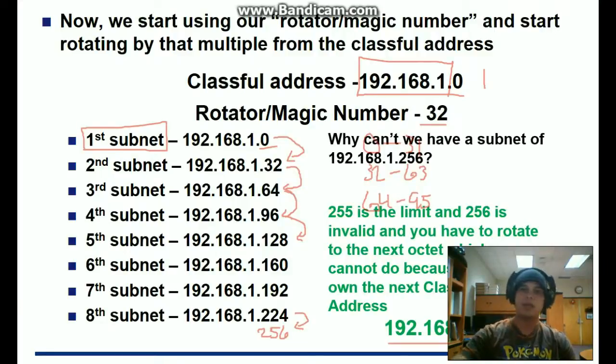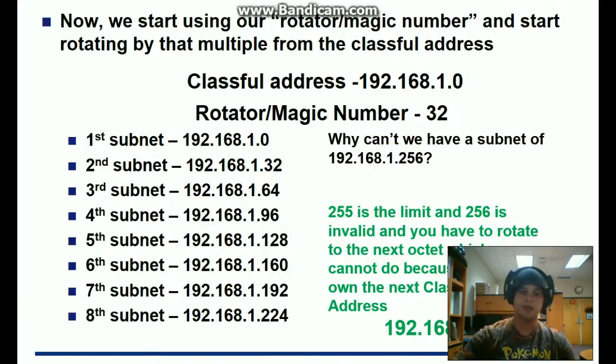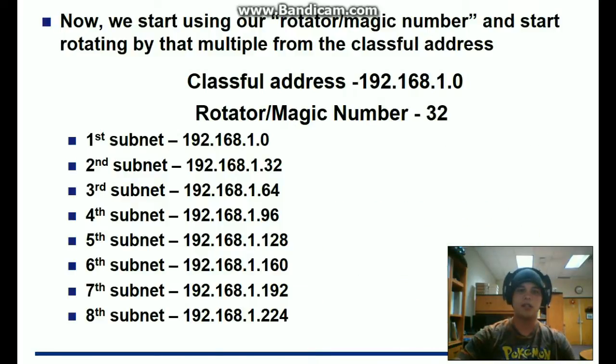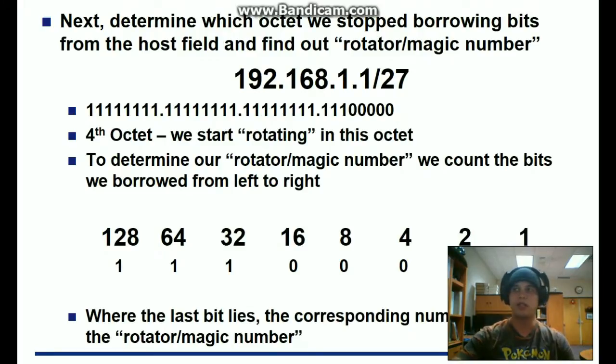So let me go back a slide, let me clear this off, and let me make sure that I really hammer in our rotator right here. When we have our subnet mask, draw it out in binary, and then the last octet where we stop borrowing bits, draw it out with our number.